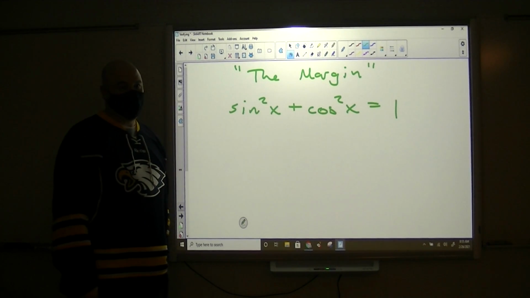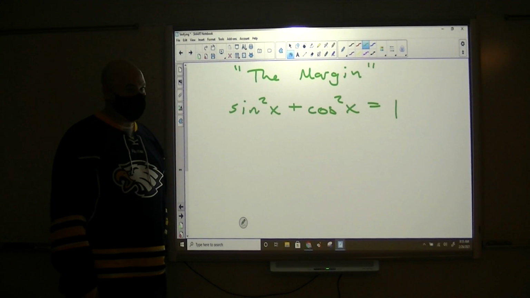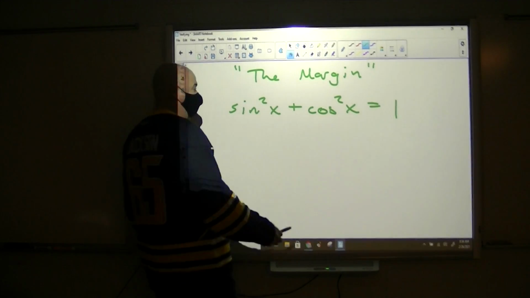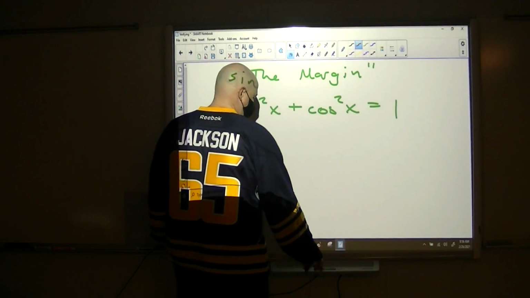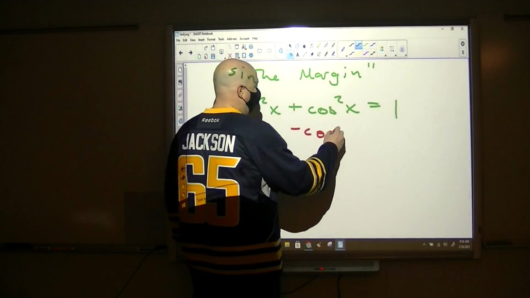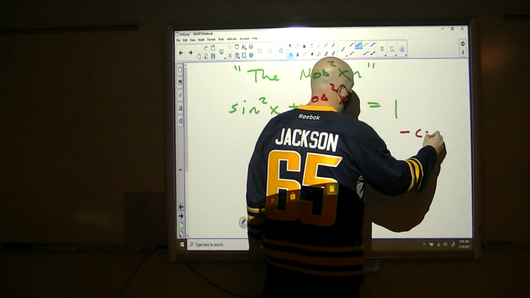At this point, that's kind of a silly question to ask, I hope. How do we get this to say 1 minus cosine squared? We subtract cosine squared from both sides.